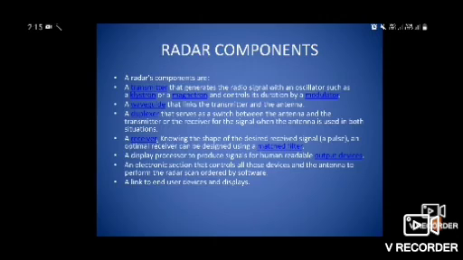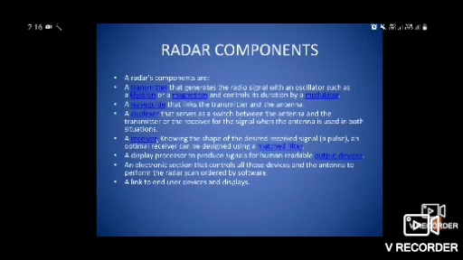A duplexer acts as a switch between the antenna and the transmitter, and also between the receiver and the antenna. That means a single antenna can be used for both transmission and reception.